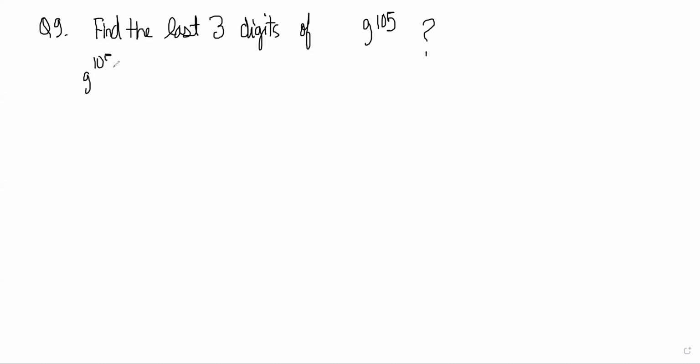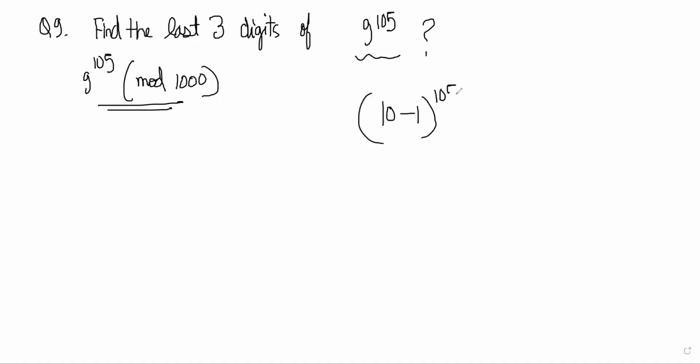Find the last three digits of 9 power 105. So typically the question here is 9 power 105 mod 1000. That is your question. So you can try doing it by modulo method, but the easier method here would be using binomial theorem because 9 can be written as (10 minus 1) power 105.